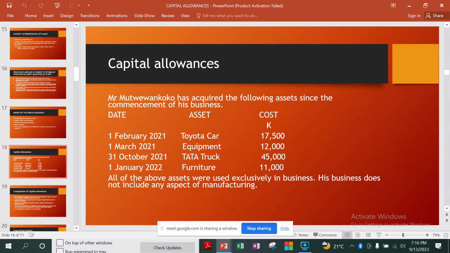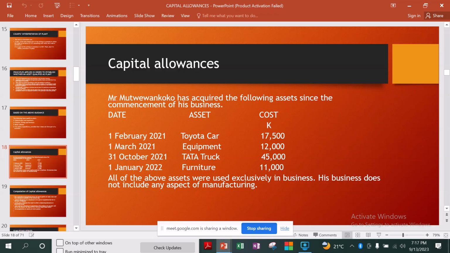So here we have 1st February 2021 Toyota car 17,500. We have 1st March 2021 equipment 12,000. We have on 31st October 2021 a Tata truck 45,000, and on 1st January 2022 furniture 11,000.